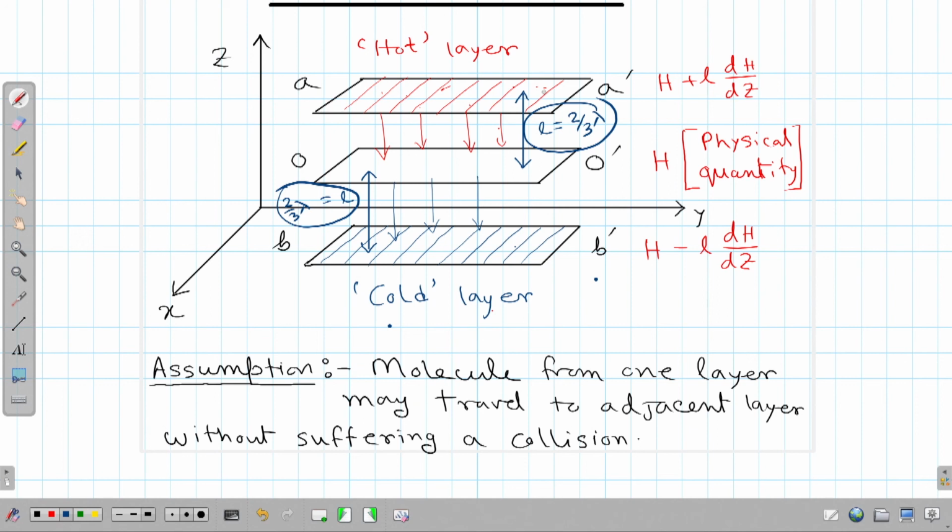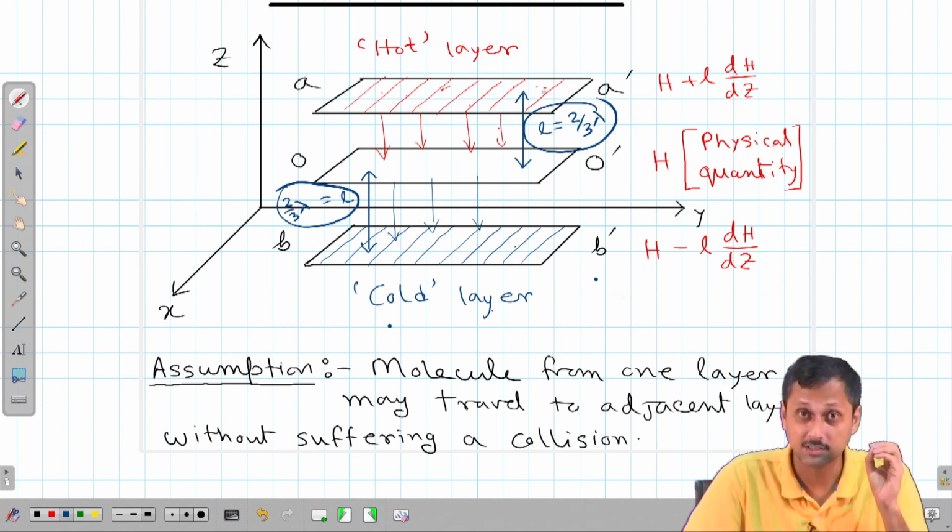But once again, please remember that this is an averaged out phenomenon.